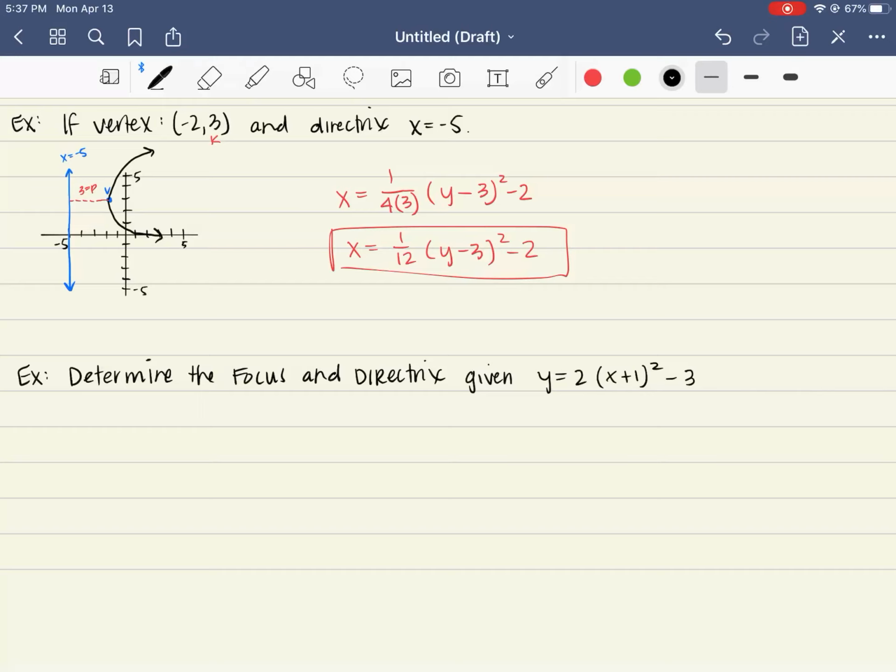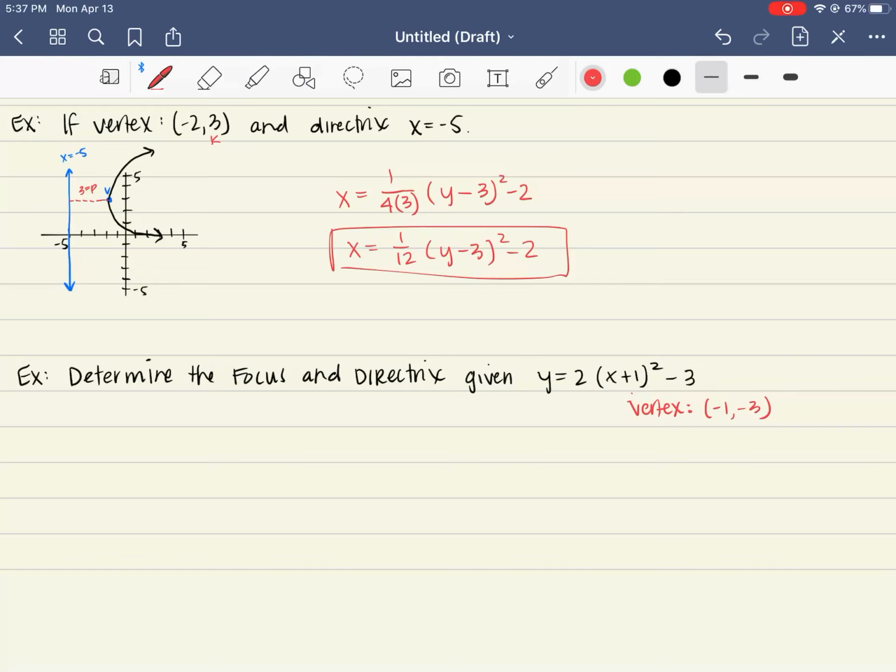Okay, so looking at this one, determine the focus and directrix. The biggest thing to remember here is that the vertex will be the same, right? So my vertex here is just (-1, -3). The p-value will help me figure out where my focus and directrix are.